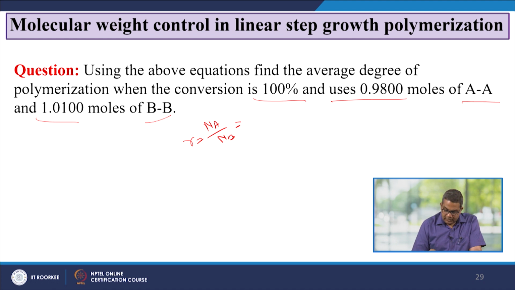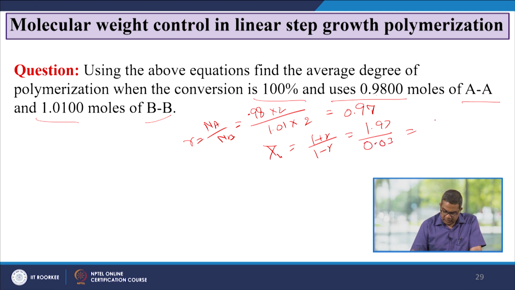Here Na is 0.98, so 0.98 into 2 over 1.01 into 2, and this comes out to be 0.97. So xn bar is equal to 1 plus R over 1 minus R, which is 1.97 over 0.03, which is 66. This is our answer. This is a typical example of how we can utilize this.